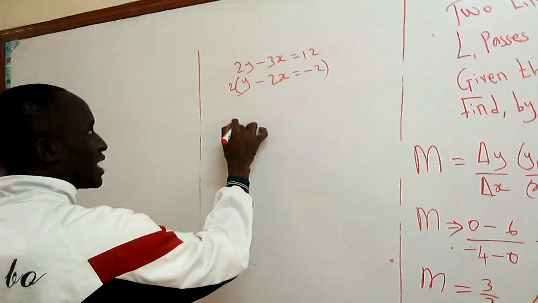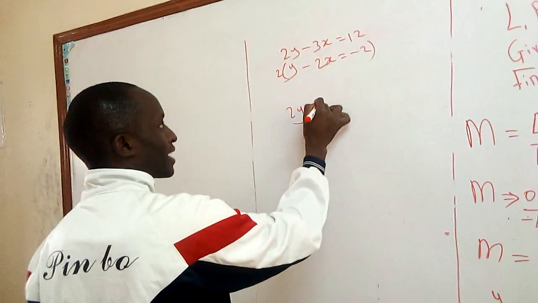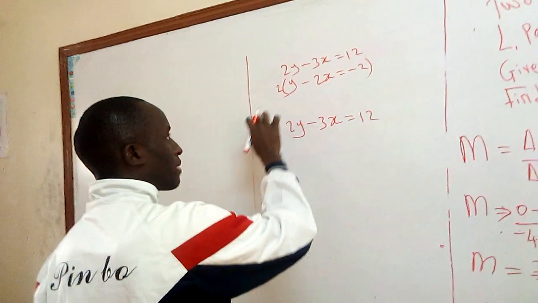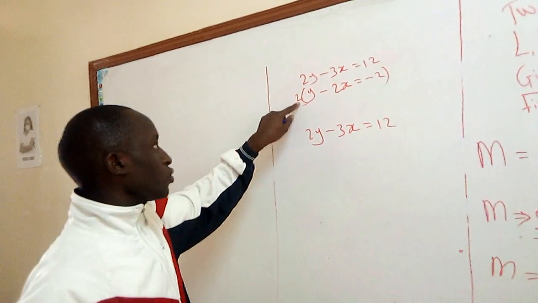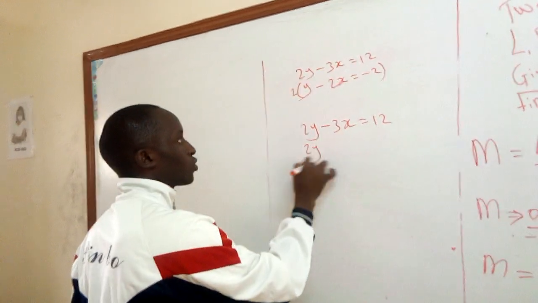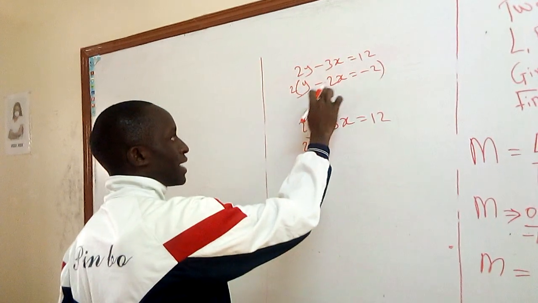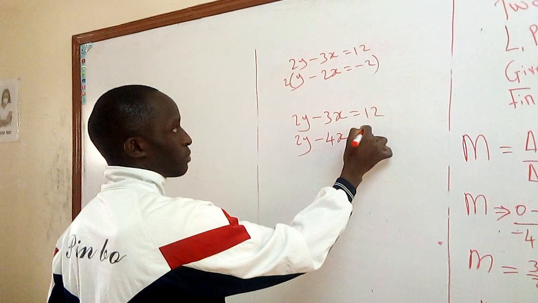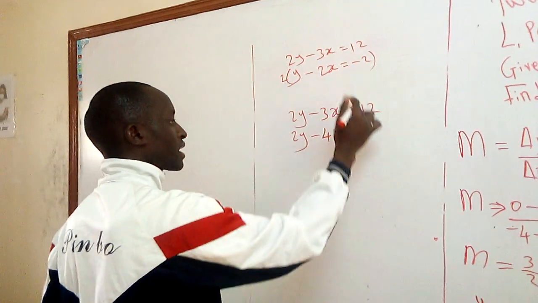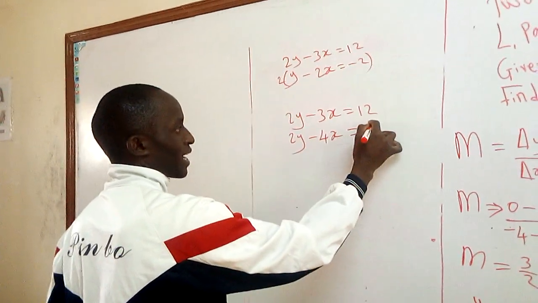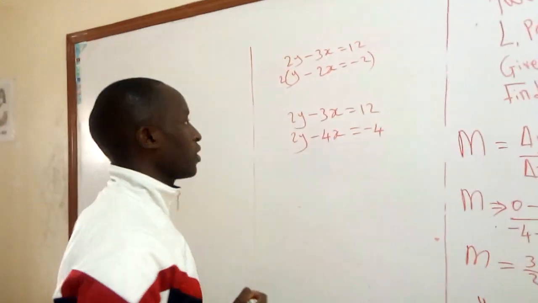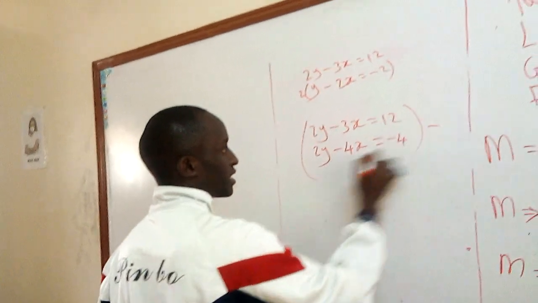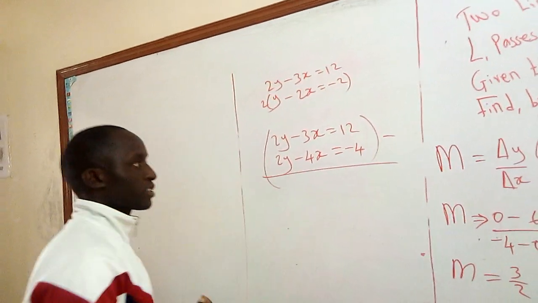Whereby, if I start with writing this equation, 2y minus 3x is equal to 12. From there, let me open the bracket, whereby I get 2 multiplied by y, 2y. 2 multiplied by minus 2x gives me minus 4x. It is equal to 2 multiplied by minus 2, which gives me minus 4. From there, I have the same sign, so subtract.